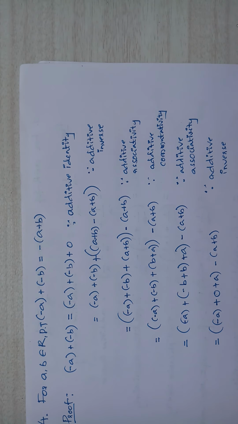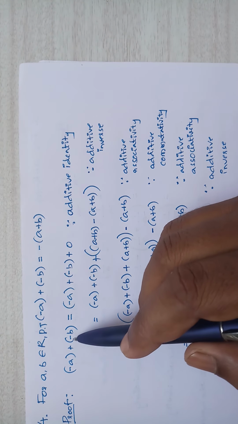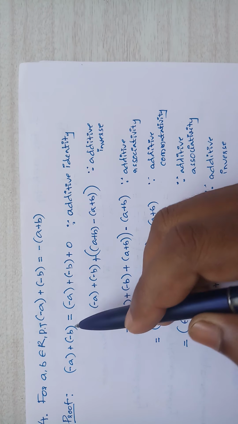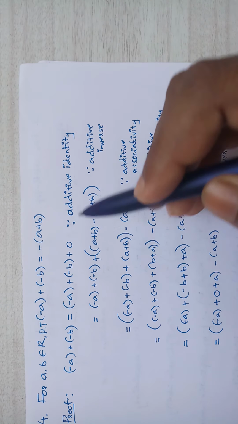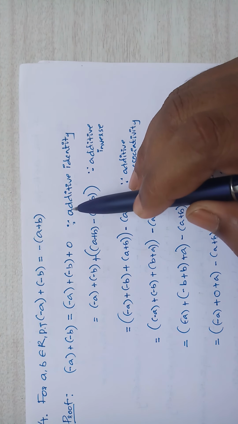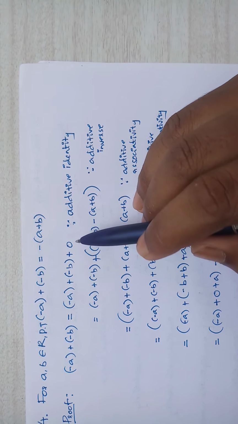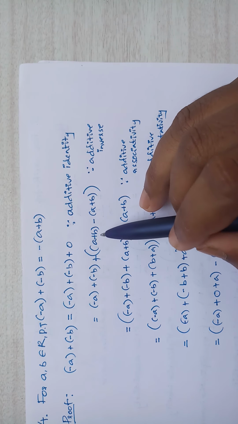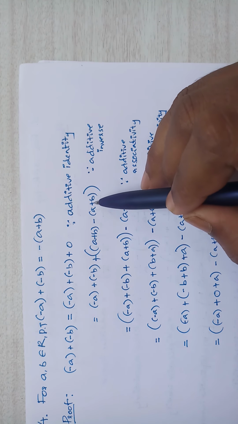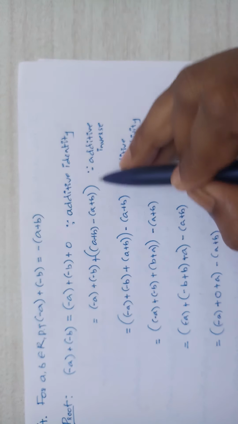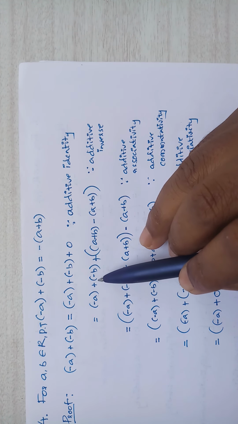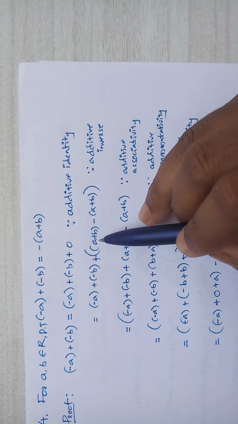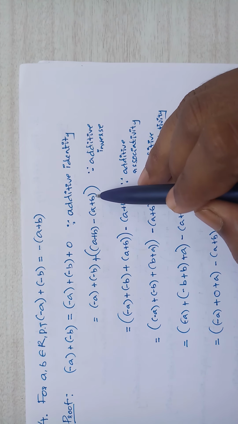So I take minus a plus of minus b is equal to minus of a plus of minus of b plus 0, where 0 acts as the additive identity. Using additive inverse, a plus b minus of a plus b becomes 0. So I write here, that is equal to minus of a plus of minus b plus a plus b minus a plus b.